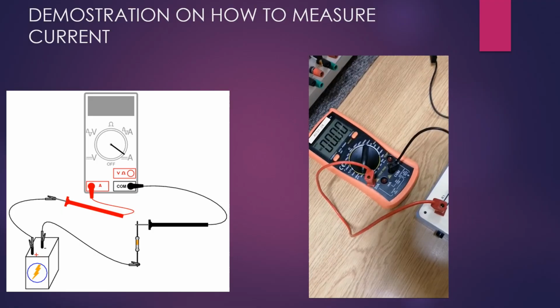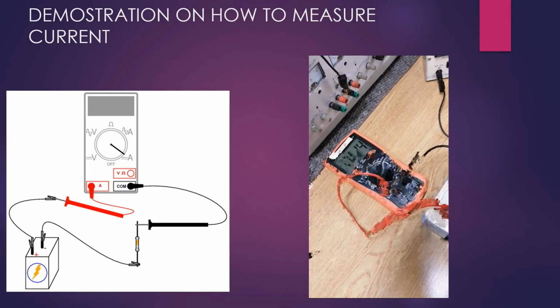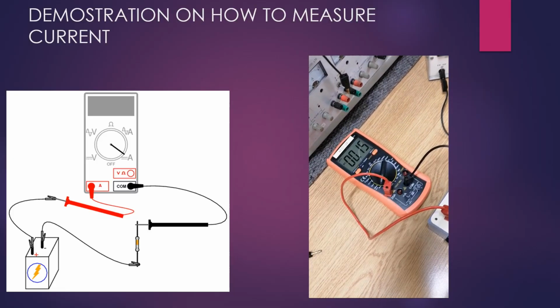Then you select the higher scale, which is 20 amps, and you wait for your result as you switch on your power supply. So our current was 0.15 amps. With regards to the engineering notation, this will be read as 150 milliamps, and we can clearly see that the current that we got for this circuit is less than 200 milliamps.